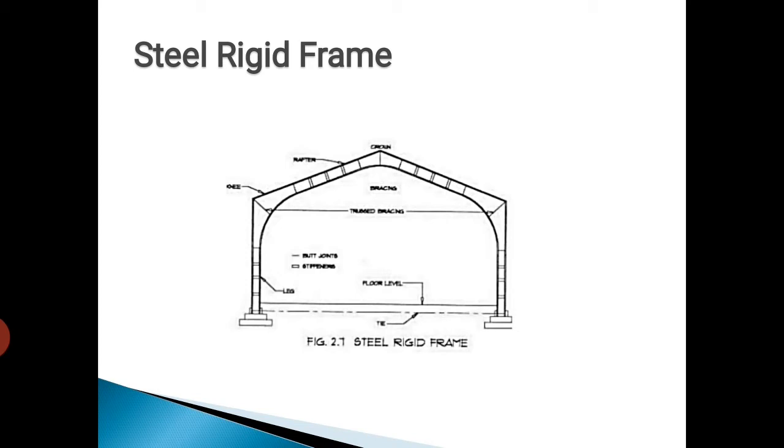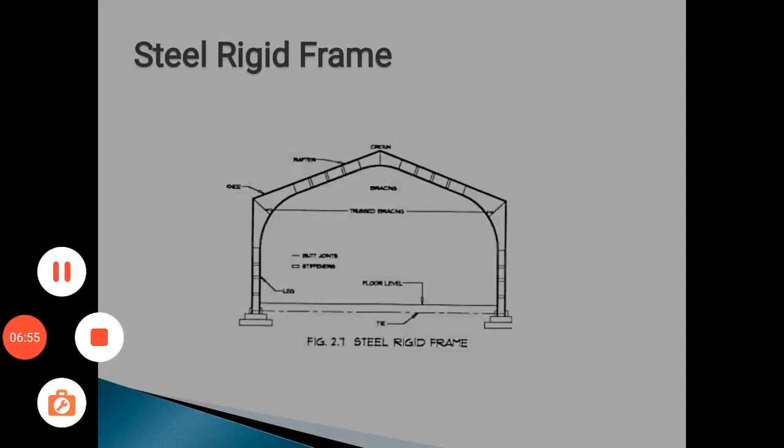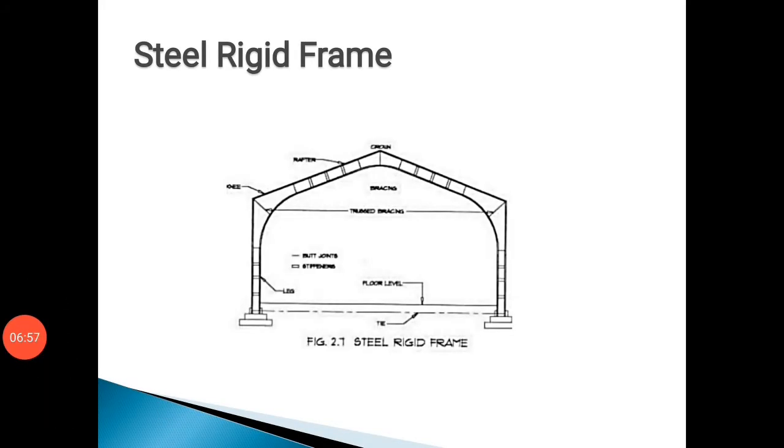Second, we will see steel rigid frame. This is the diagram of steel rigid frame. This is the common type of compression member. So what does rigid frame mean?